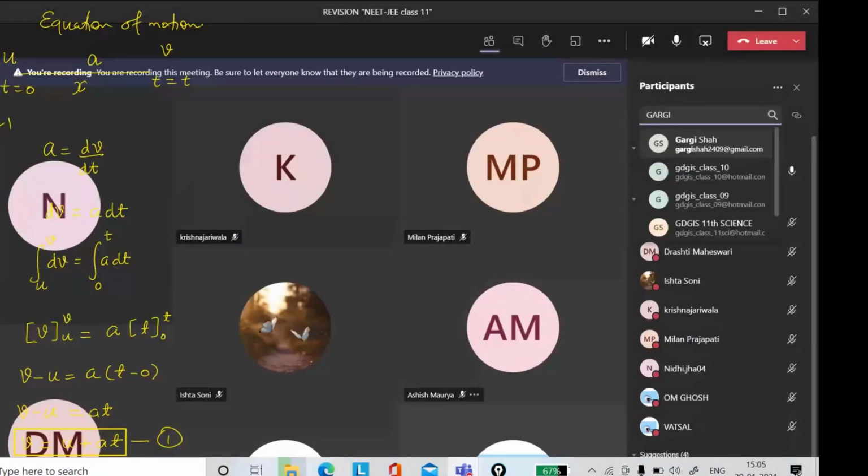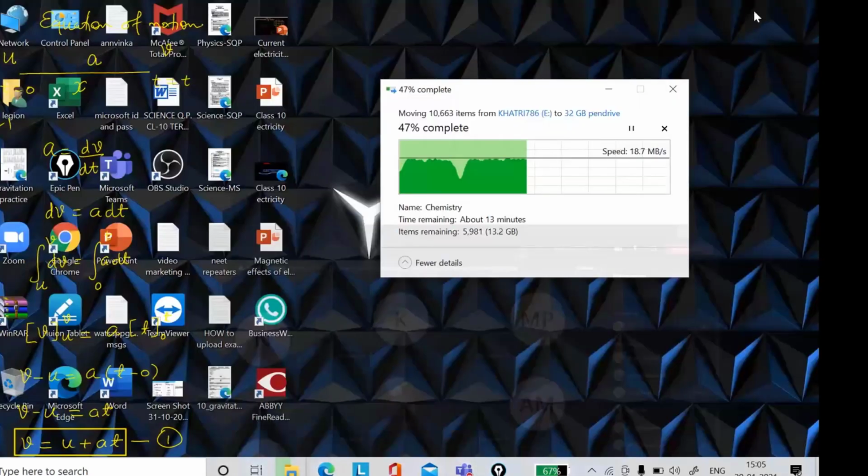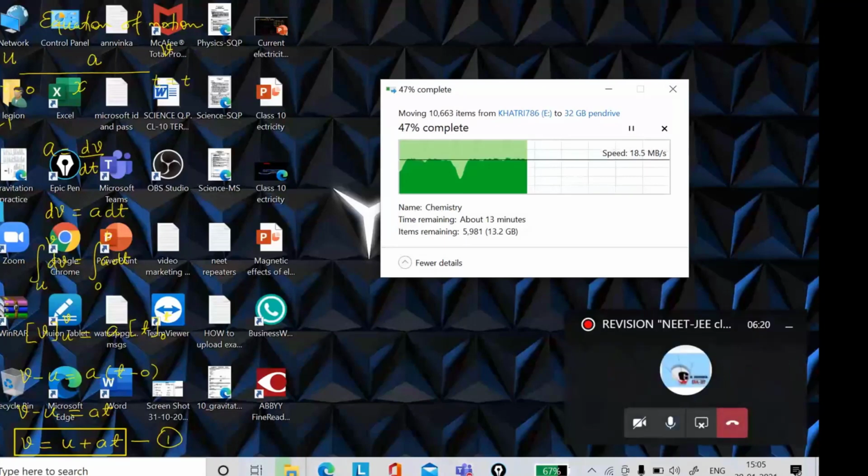Gargi. Done. ओम नीरव को बुलाओ. नीरव नहीं आ रहा है? क्या सर? नीरव को भी मैसेज करो. सर की तबीयत खराब है. Okay, then leave it.